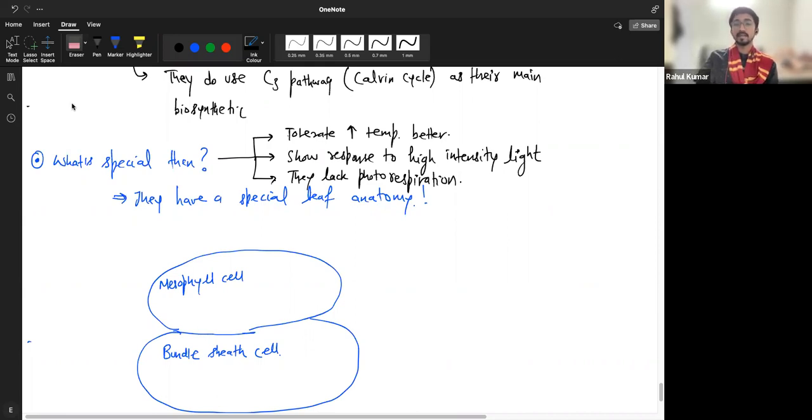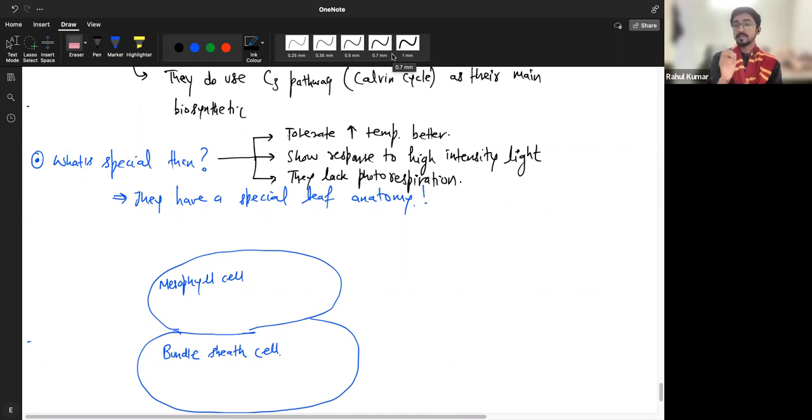Sometimes it starts acting as an oxygenase rather than a carboxylase. When it does that, you utilize O2, release CO2, but you do not end up making ATP or NADPH. So it does not make sense why a plant is doing that.